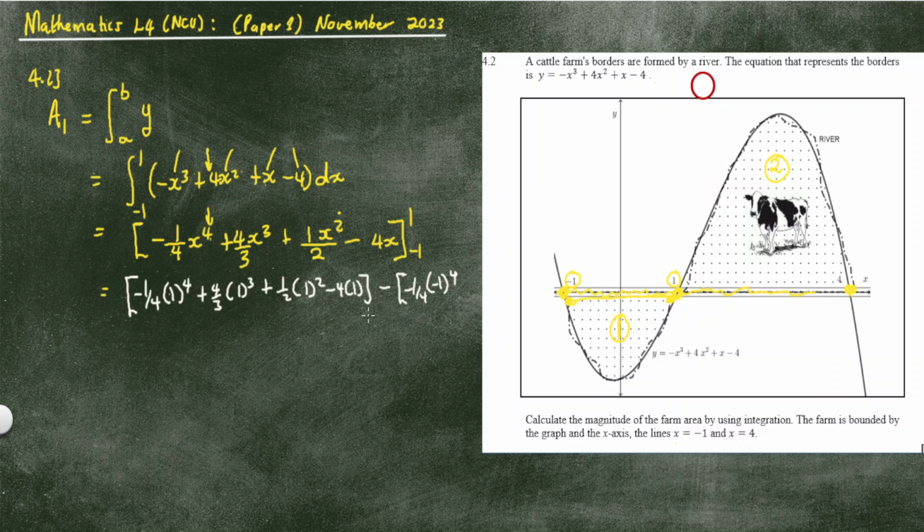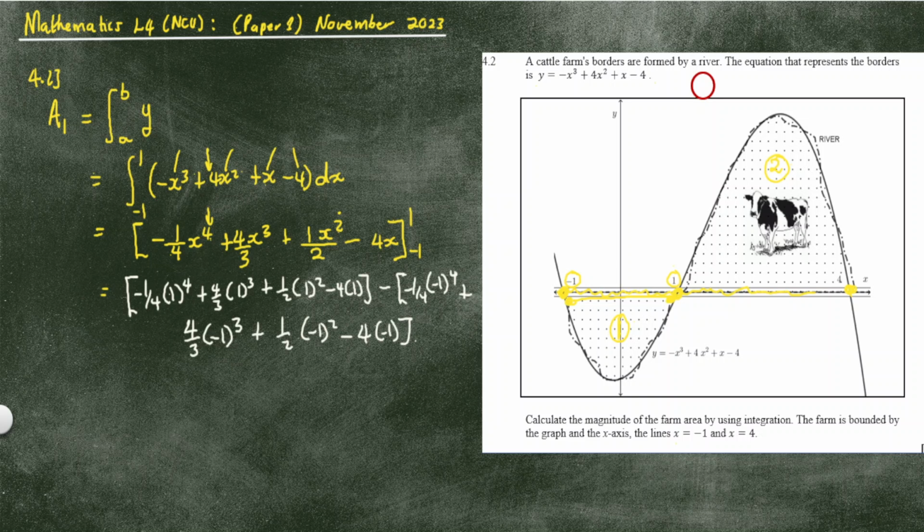I'm running out of space now, so I'm just going to say plus 4 over 3 times negative 1 cubed plus 1 over 2 times minus 1 squared, minus 4 times minus 1, close bracket.